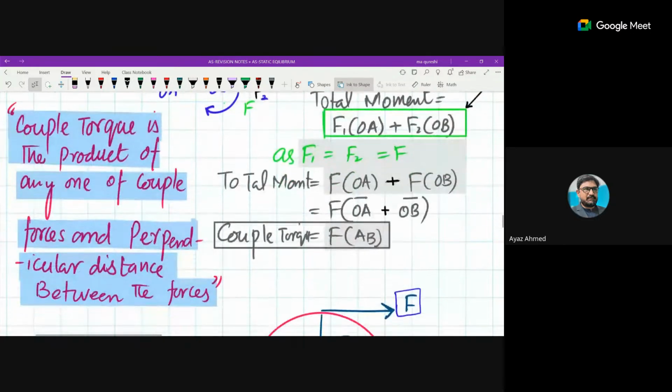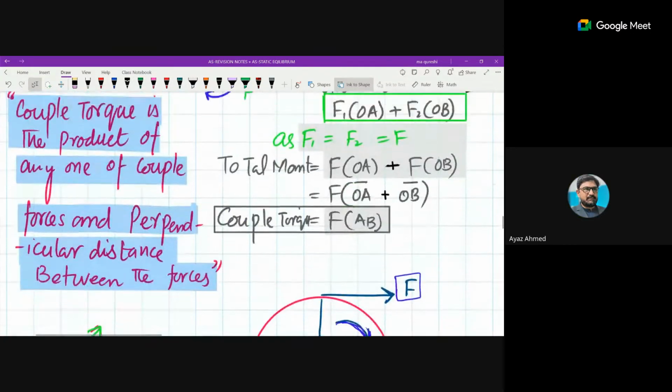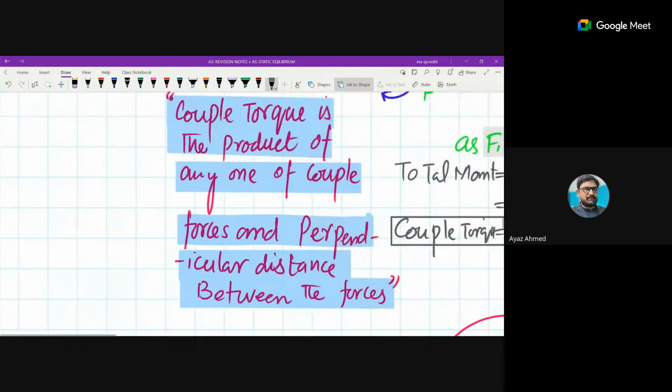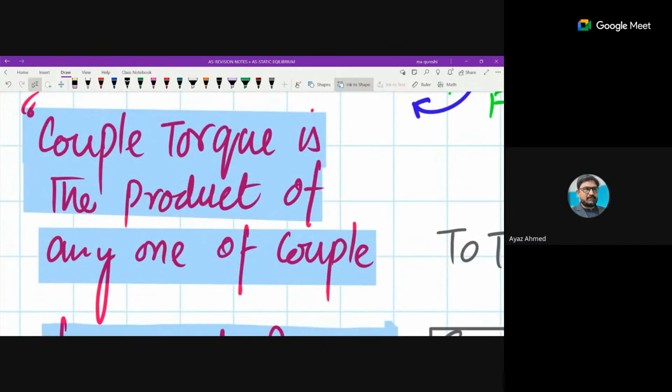Isn't it equal to AB? Is it clear to you? Do you get it? So that is AB.